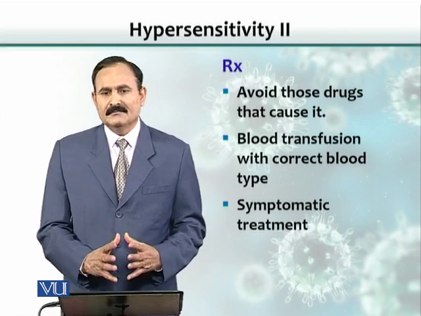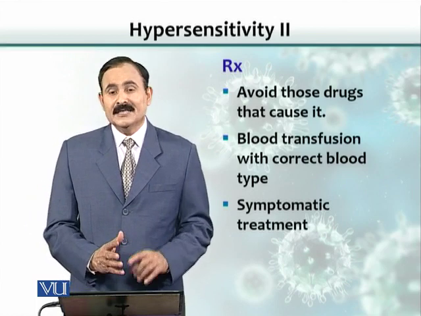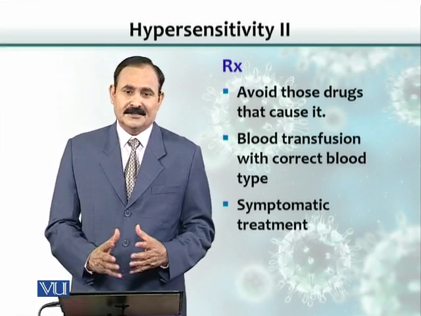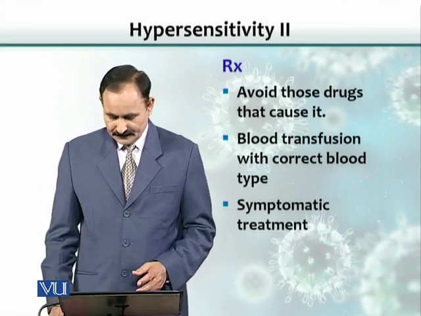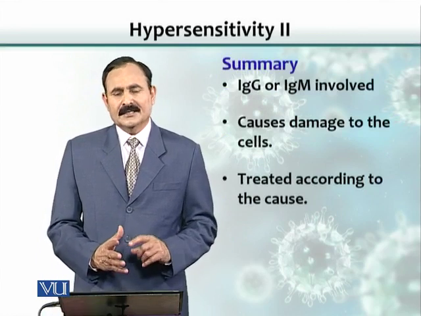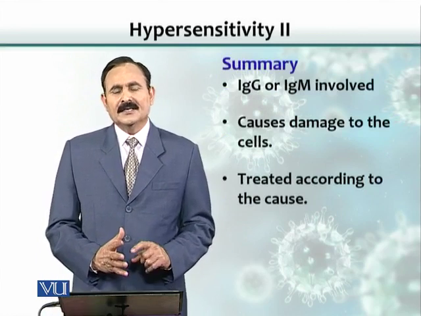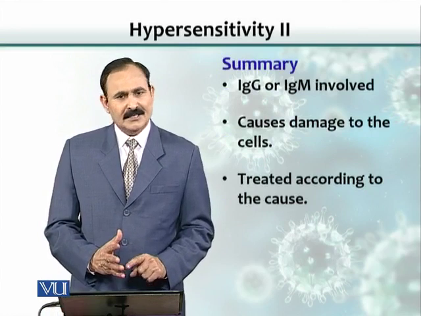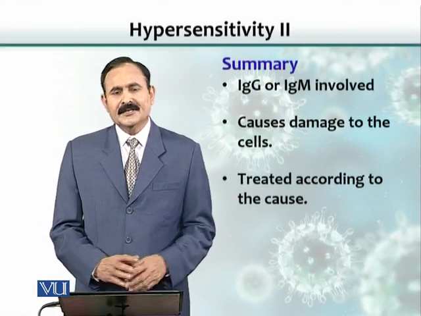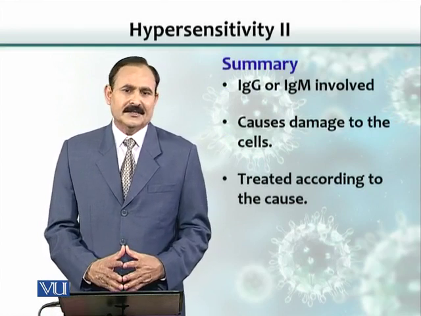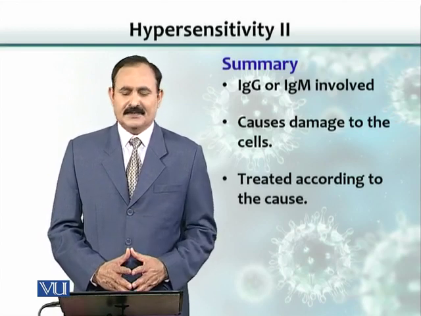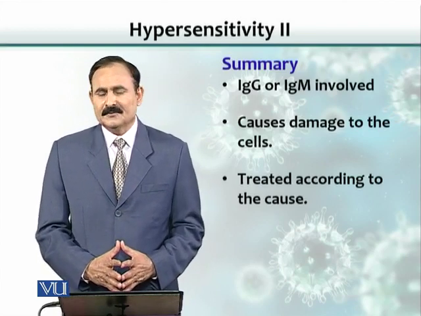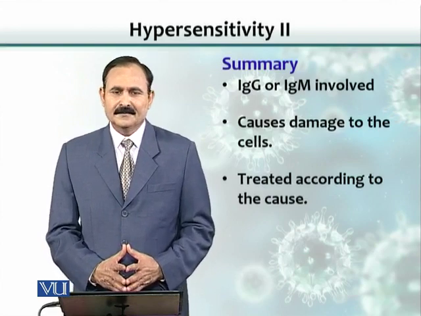That is the most we can do. If we know the antigen, then avoid the antigen. That is the treatment. So in summary, cytotoxic hypersensitivity involves either IgG or IgM or both, and there is complement activation during this process that leads to the damage. And the patient could be treated symptomatically. Thank you.